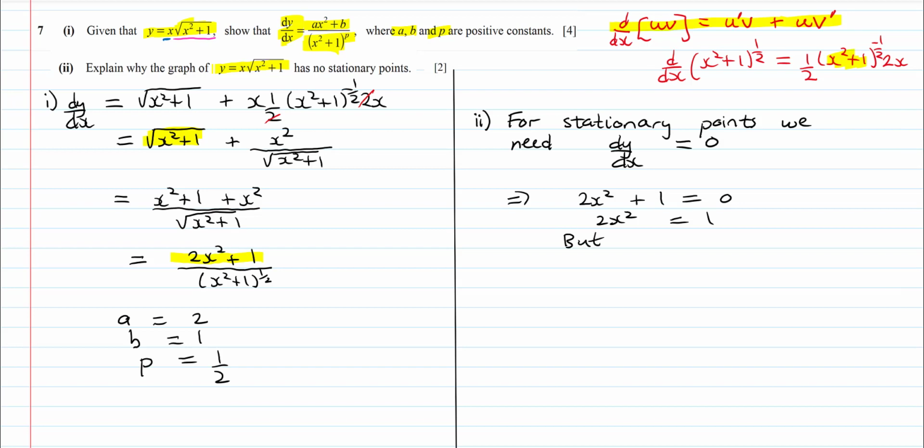So we can just note, but 2x squared does not equal negative 1 for any real value of x. I'll just make it clear though that we're dealing with real numbers. Okay, and that is question 7.